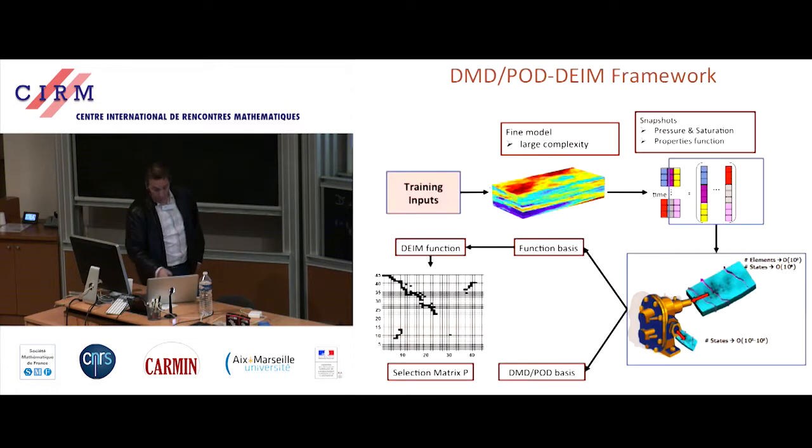So what we have done next is basically couple dynamic mode decomposition and DEIM. And again, what we have to do is, from some given input parameters, we basically compute whole solutions. From these whole solutions, we evaluate the DEIM functions, where we're going to evaluate the functions, and the DMD and POD basis.